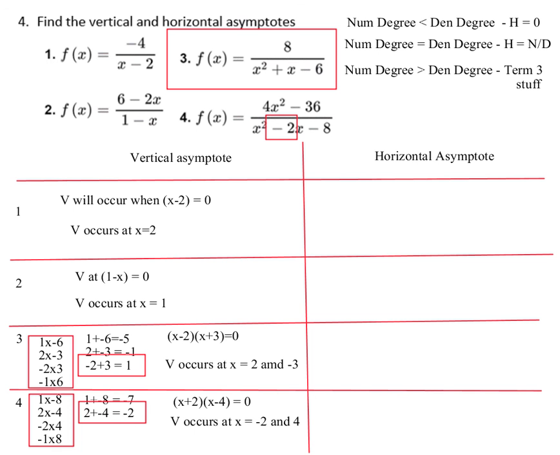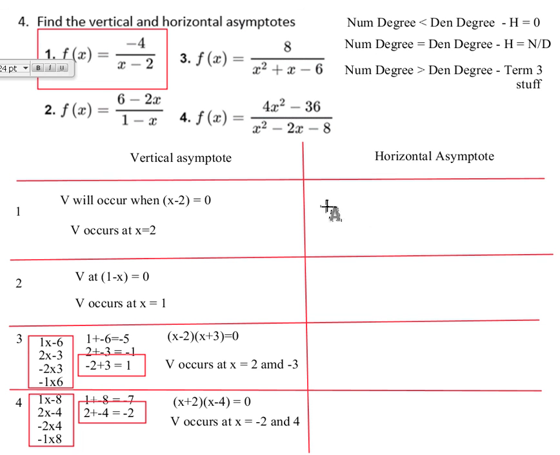Okay? So what we're going to do is write down the largest degree of the numerator and the largest degree of the denominator. So the largest degree of the numerator, well, the numerator is -4.